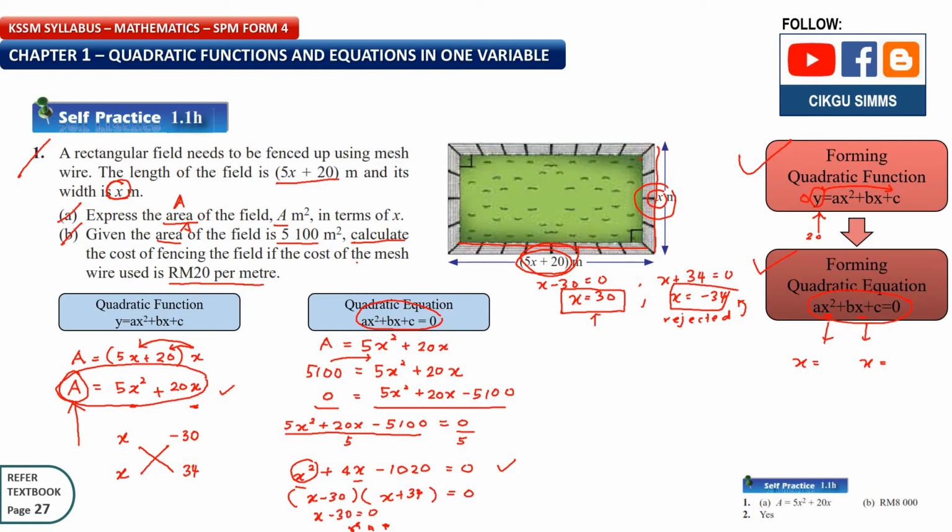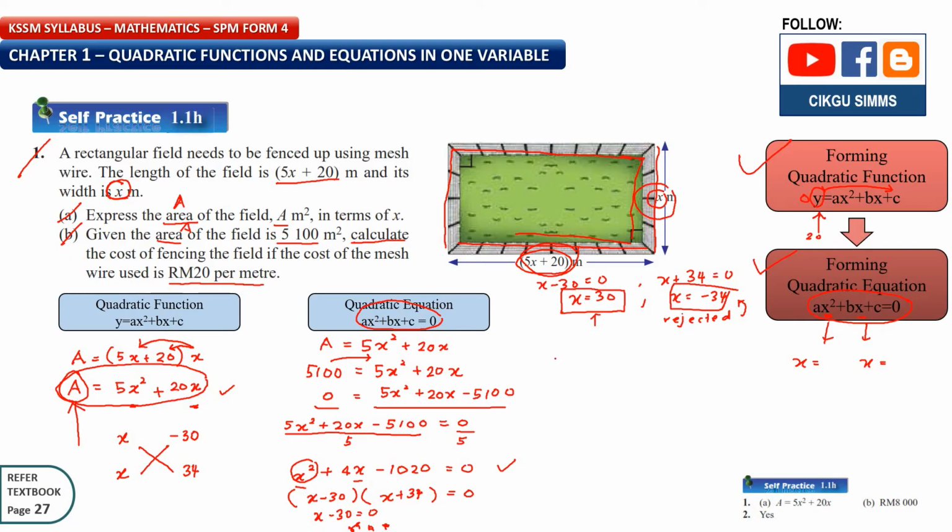Calculate the cost if the cost of wire used is 20 per meter. So here we need to know, because we are fencing up this field, right? So you need to find the total length.